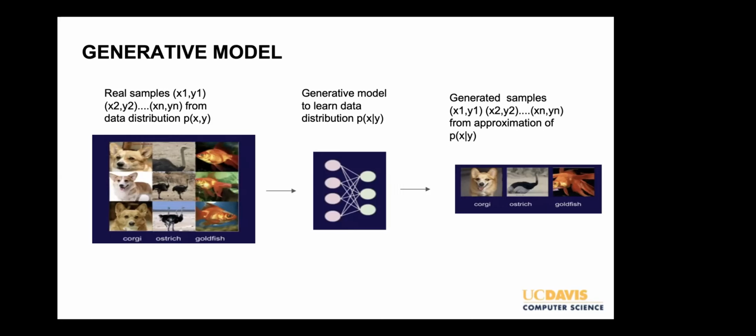The X represents the images and the Y are the optional labels for them. A generative model tries to learn how to generate a reasonable X given Y by modeling the distribution, called P of X given Y. Once trained, you can generate novel samples from the generative model, which you can see on the right.